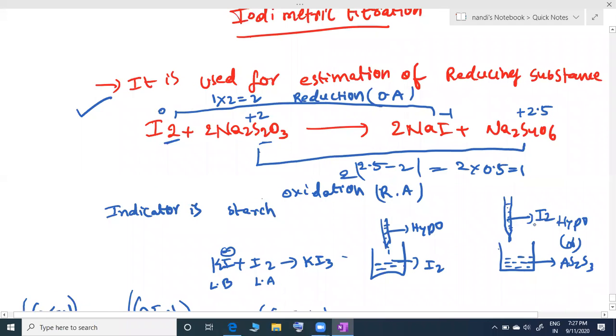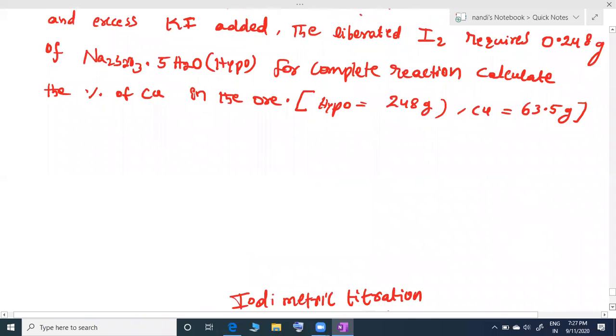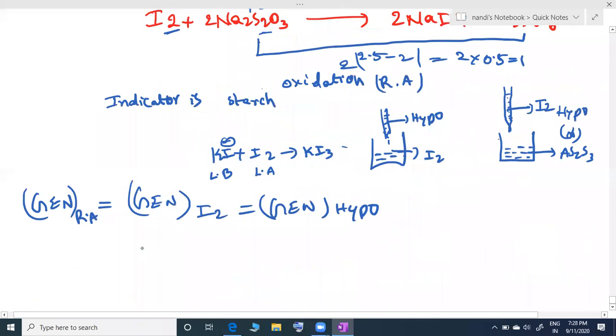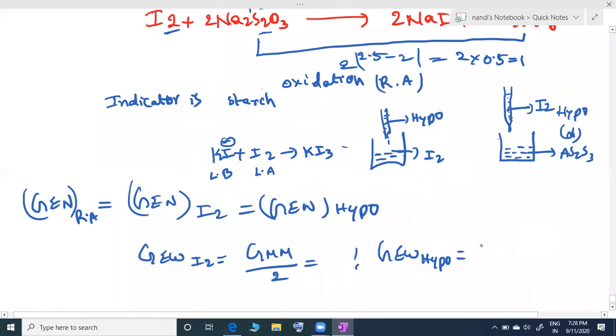Already calculated, 1, and the I2 n factor is 2. So gram equivalent weight of I2 equals gram molecular mass by n factor, which is 2. Similarly, gram equivalent weight of hypo solution equals gram molecular mass by n factor, which is 1.